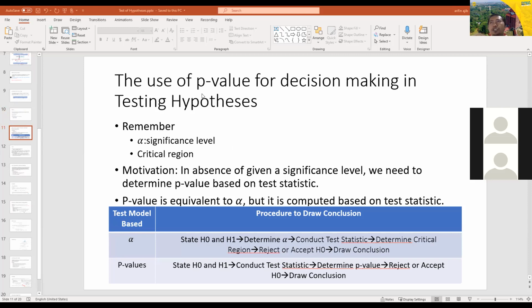Maybe the new term here is the p-value. Actually, what is the p-value? Technically, the p-value is equivalent to the significance level.